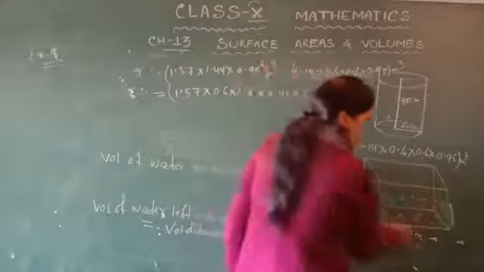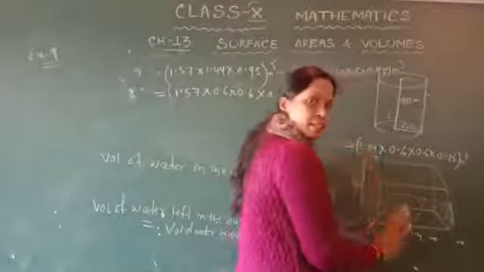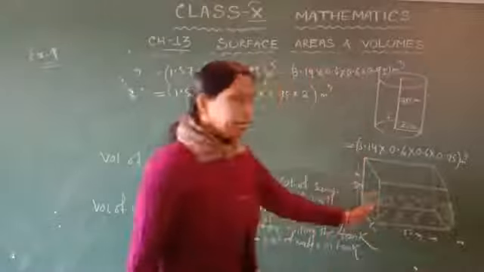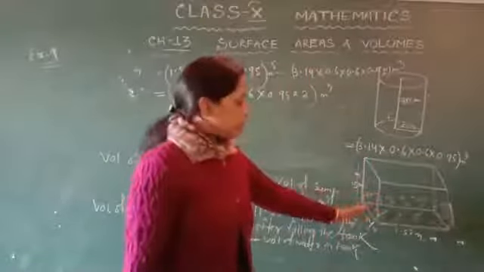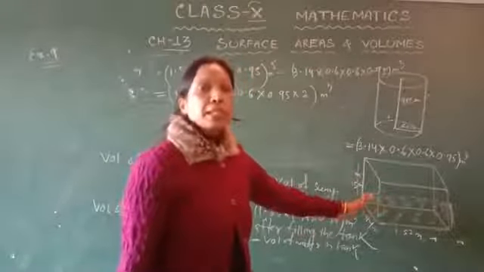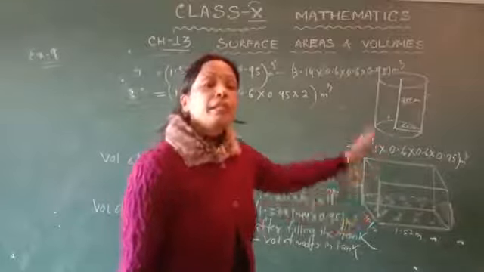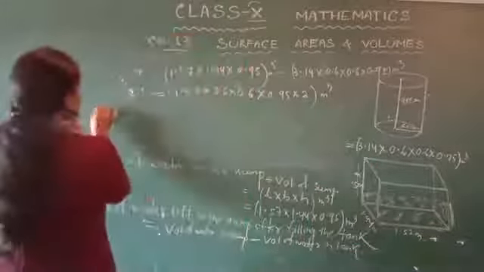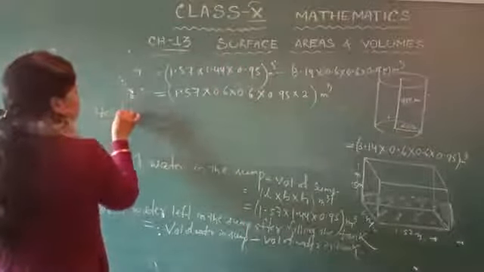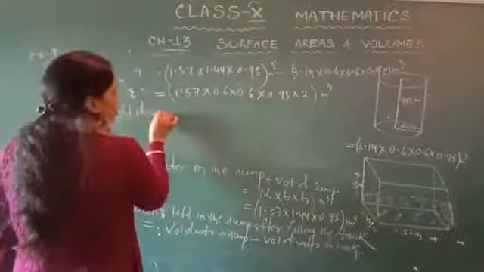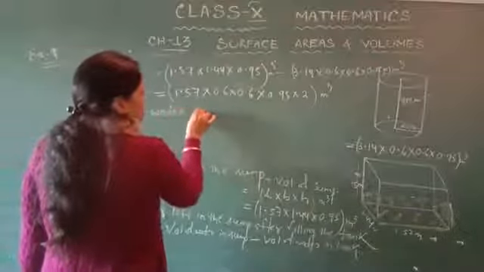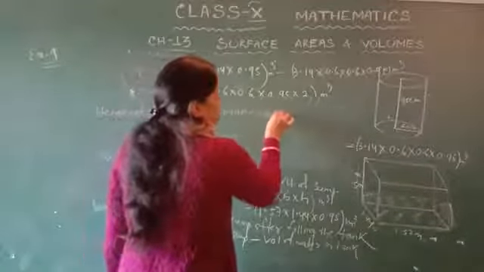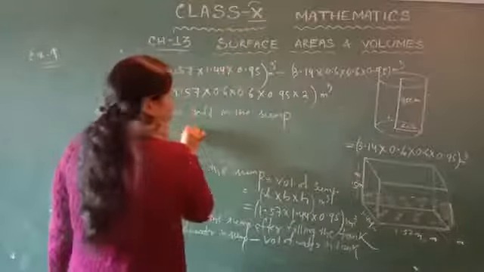So here it is length and breadth. This is same and only height is different. So then the height of the water level inside the sump, that is equal to the volume of water divided by length into breadth. So here you write the height of water left in the sump, that is equal to what?